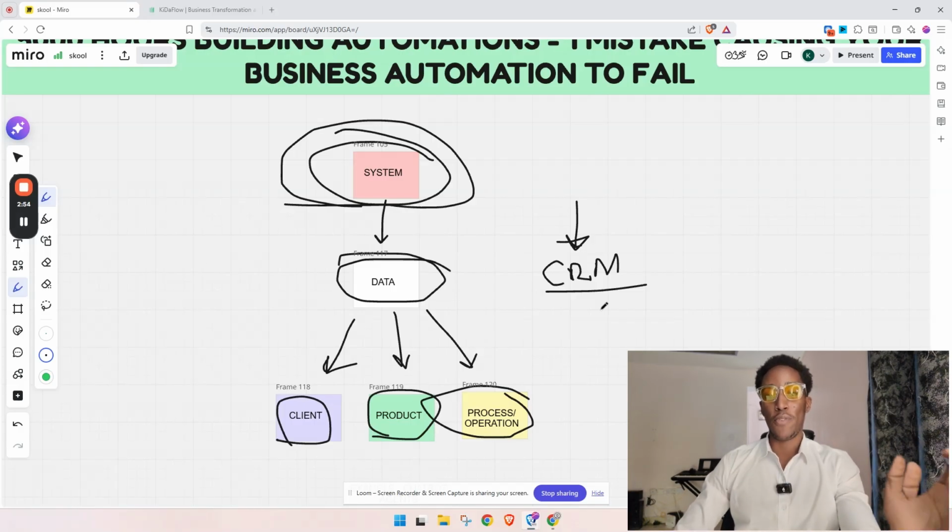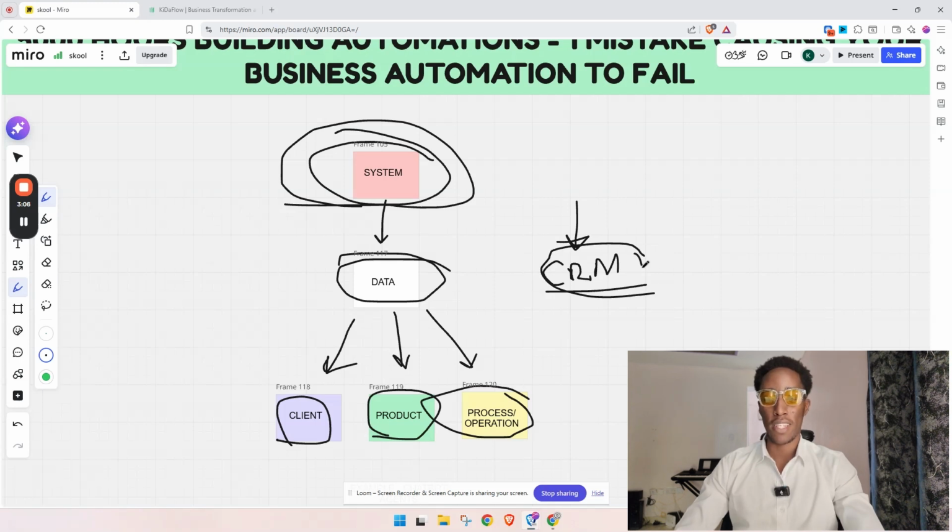But then you find out when you get into the discovery call and into the systems that they actually don't even have a system. They don't even have a CRM. Probably everything is in sheets, some things are in their Google Drive, and data is scattered all across different systems.